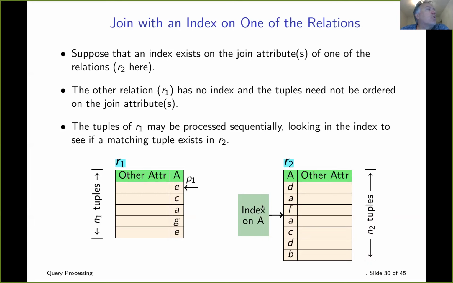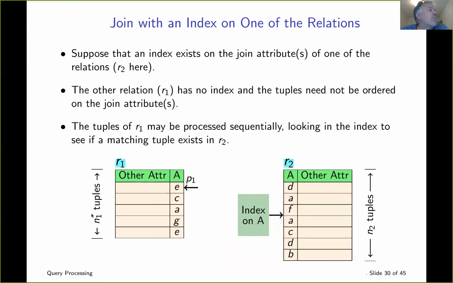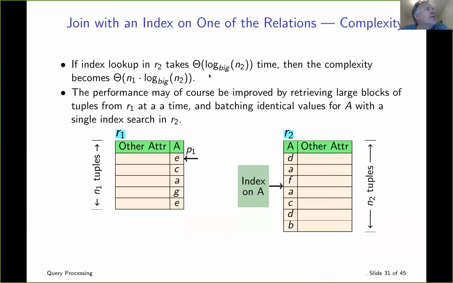We have N1, the number of tuples there, and N2, the number of tuples there. That gives you log base big of N2 time for each of these searches. So N1, the number of tuples in R1, probably divided by the blocks if you want to talk about seeks, times log base big of N2.